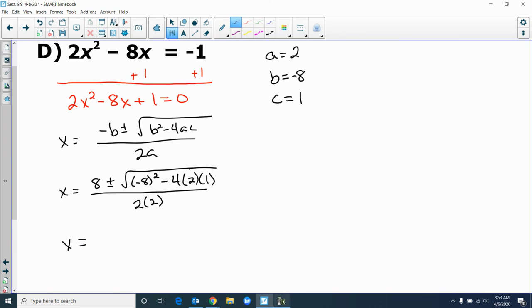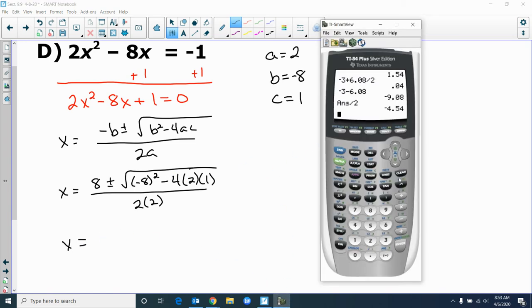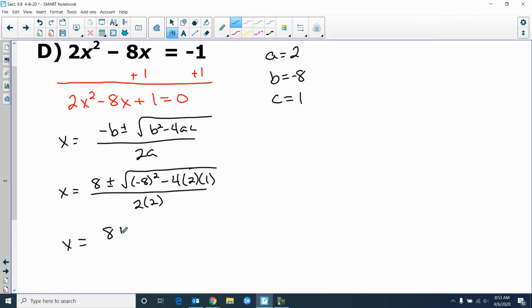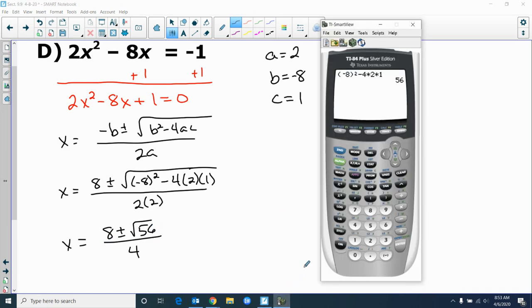All right, figure out what's underneath the radical. So in parentheses, negative 8 squared minus 4 times 2 times 1 gives me 56. So I have 8 plus or minus the square root of 56 over 4. At this point, we take the square root of 56.